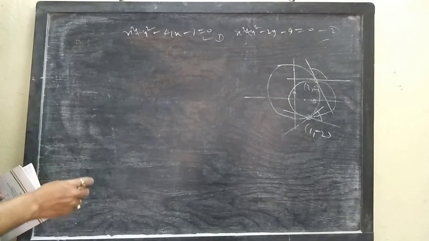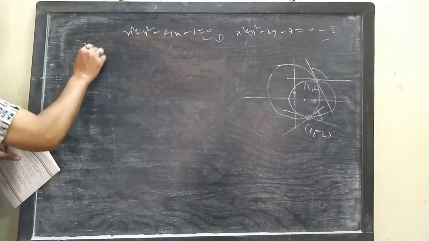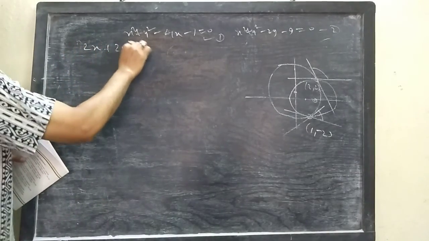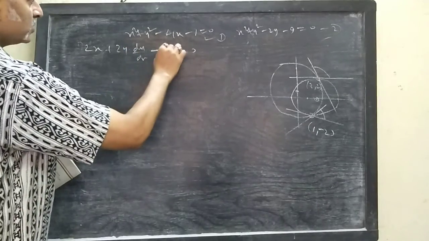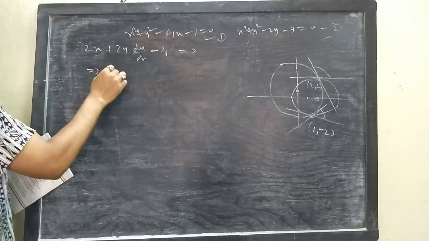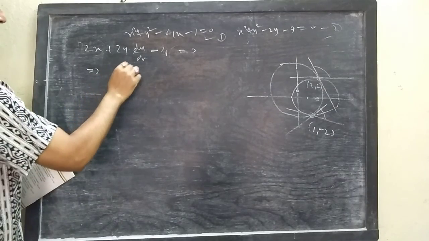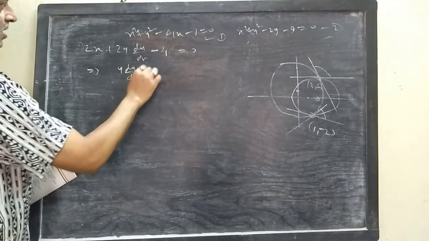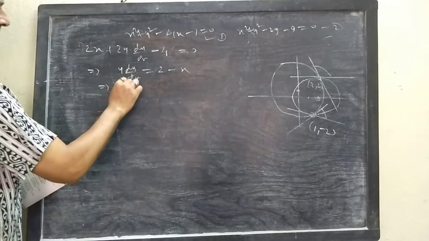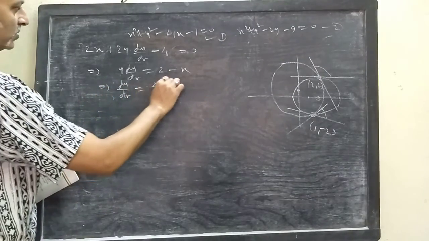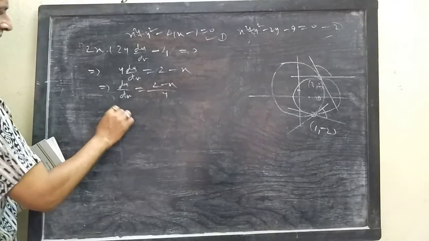So differentiating both sides of 1 with respect to x, we get 2x plus 2y dy dx minus 4 equals to 0. That gives dy dx equals to 2 minus x by y.